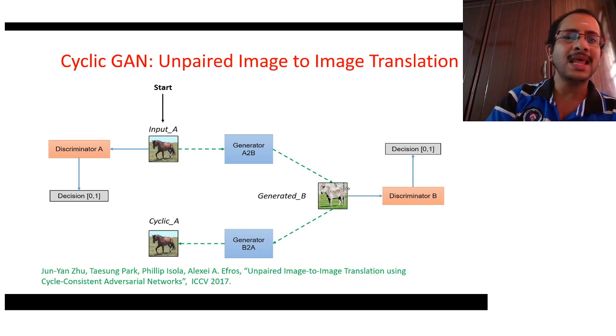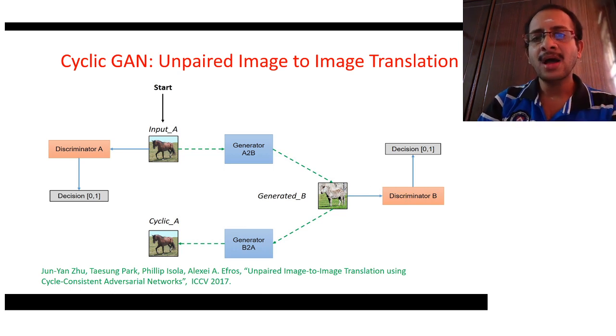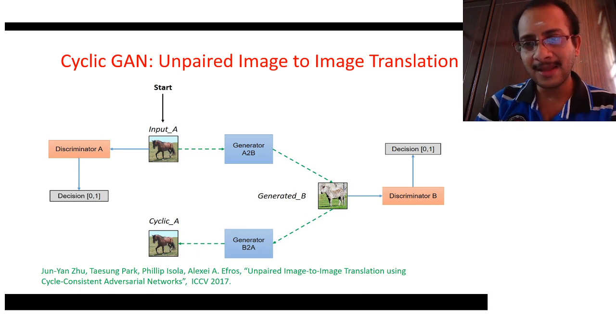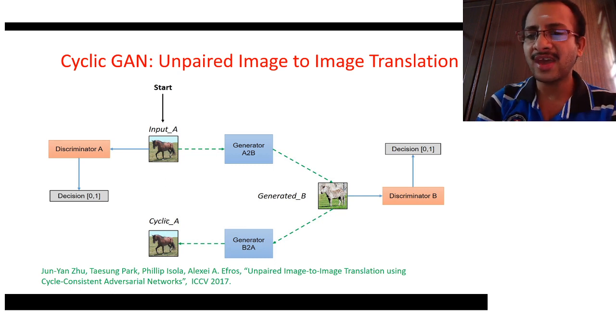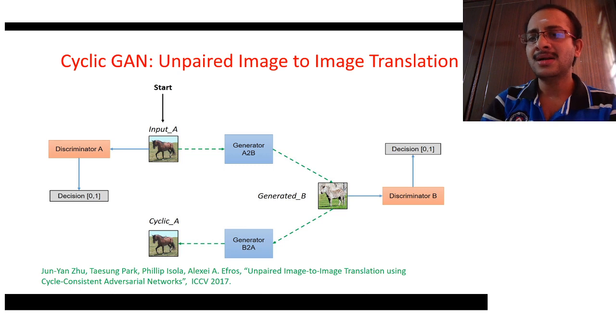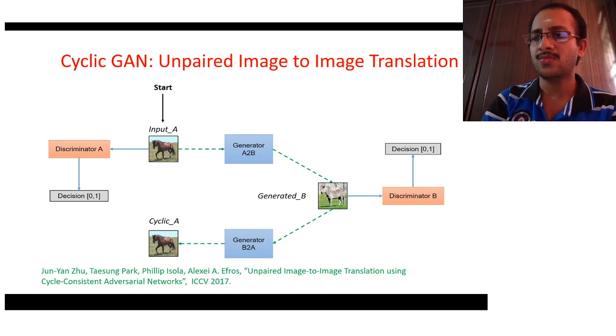Once it learns, this discriminator compares with respect to the ground truth zebra and says whether it is zebra or fake. And similarly, this B to A generator will generate the horse, and these two are compared with the ground truth to say whether the generated one is fake or true.